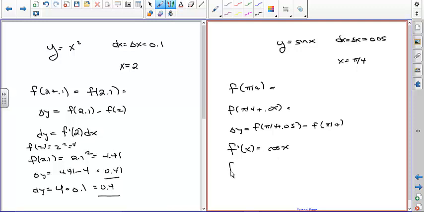So then you evaluate f prime at pi over 4, and then dy is going to be equal to the value of the derivative at the initial value of x times dx, which is 0.05. And you'll compare those two numbers and see what they are. So go ahead and do that. Make sure you change your calculator to radians.